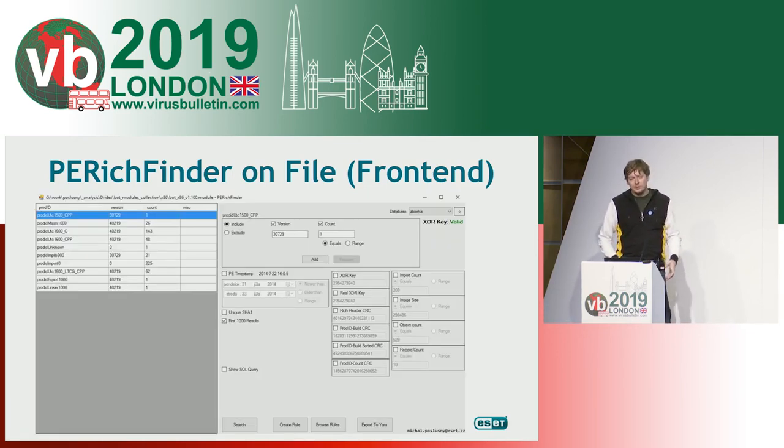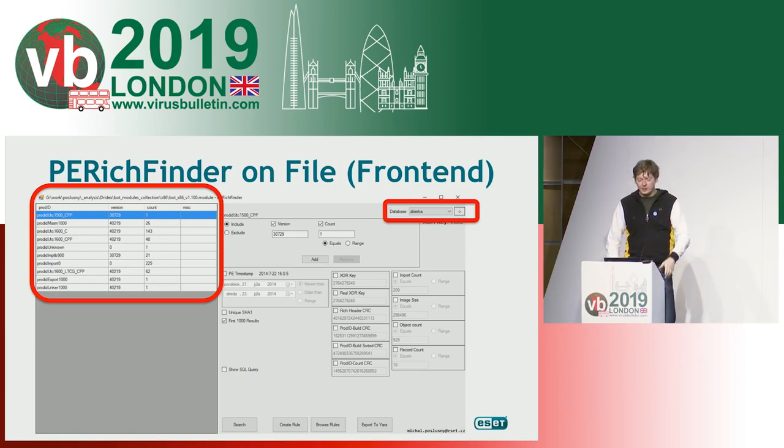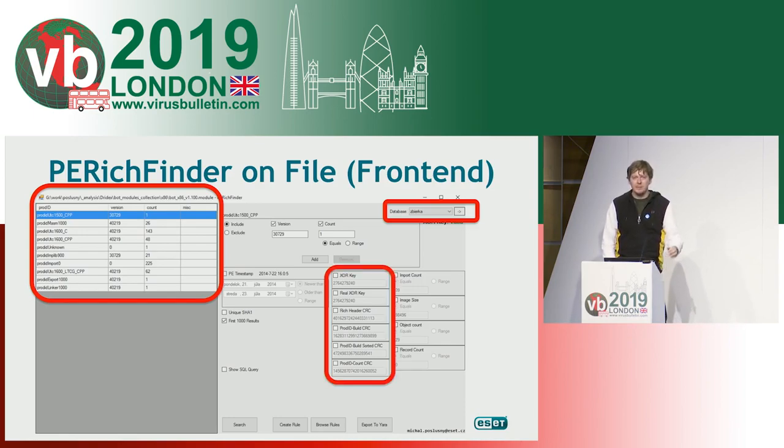If you run it on a file, you can see on the left the list of triples included in the rich header blob of data, and you can see the database that's set for the lookup, and here are the levels of the hierarchy of similarities that you could be interested in. And basically that's it.